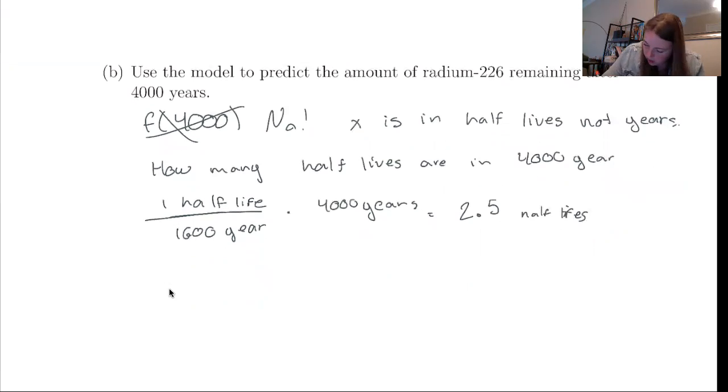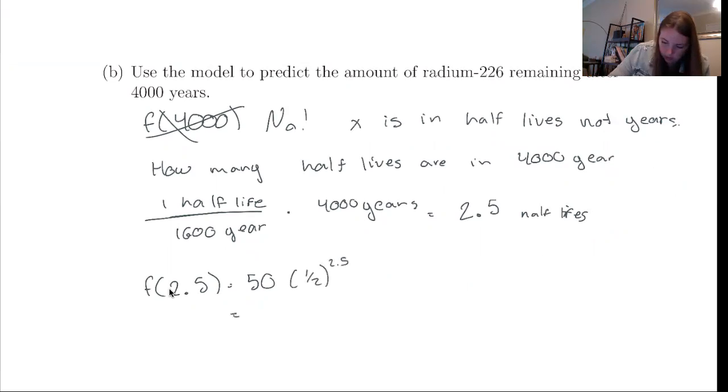Okay, so then I want f of 2.5, which is going to be 50 times 1/2 to the 2.5. So 0.5 to the 2.5, which is 0.1768 rounded, times 50.